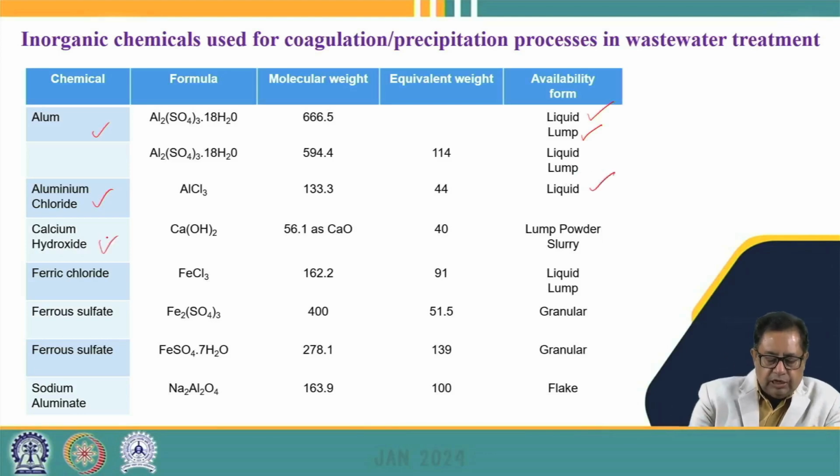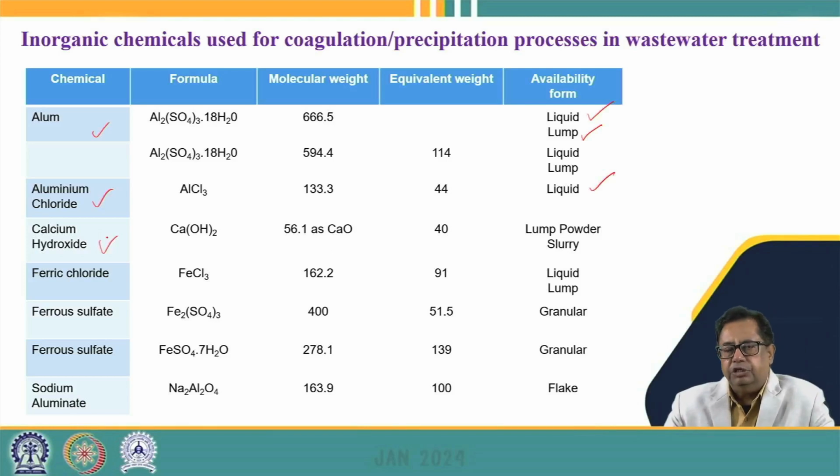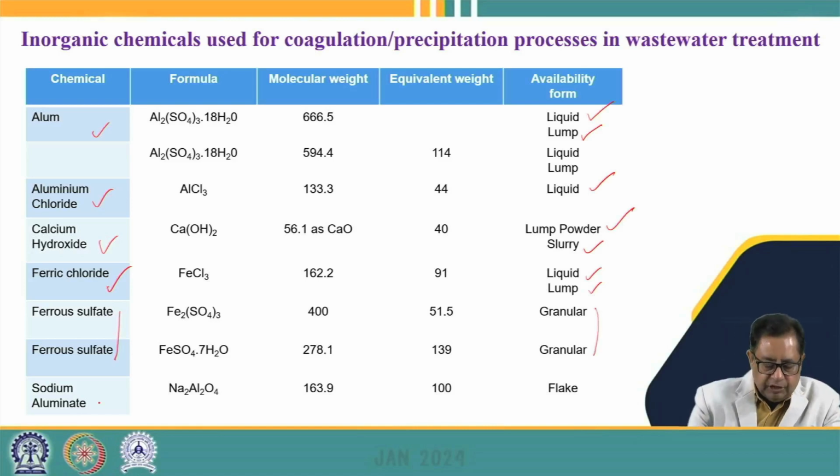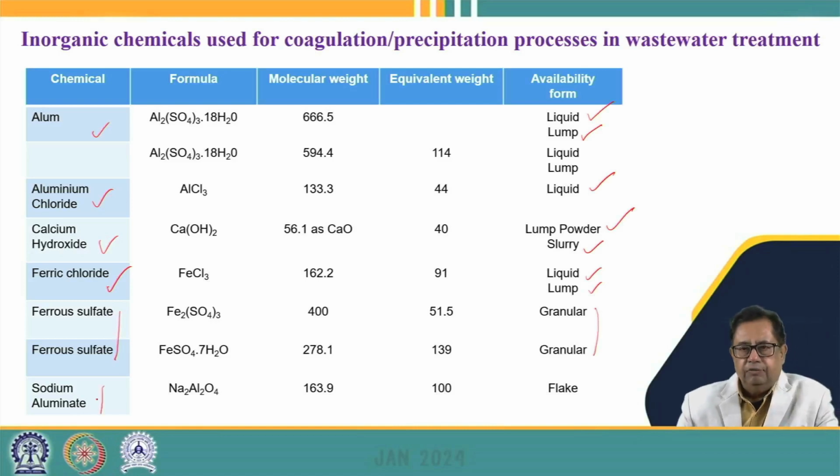We also use calcium hydroxide or lime, available in lumpy, powder, or slurry form. Similarly, we use ferric chloride, in liquid and lumpy form. Ferrous sulfate may also be used, in granular form, and we can also use sodium aluminate, which is found in flakes.